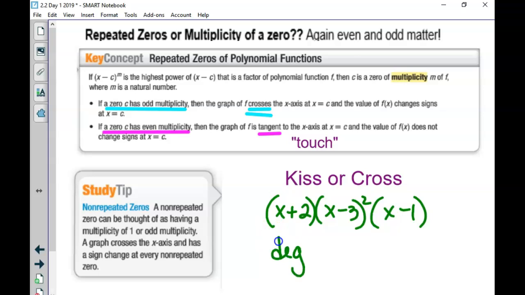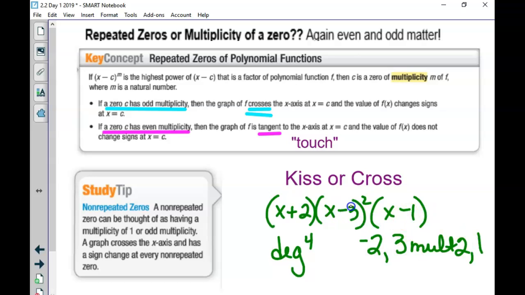Does everybody get that? Because this one has an exponent of 2. So my example right here would be degree 4, but it would have a 0 at -2, a 0 at 3, and this 2 up here is called multiplicity 2. Means it's a repeated 0 twice, and then it would have a 0 at 1.